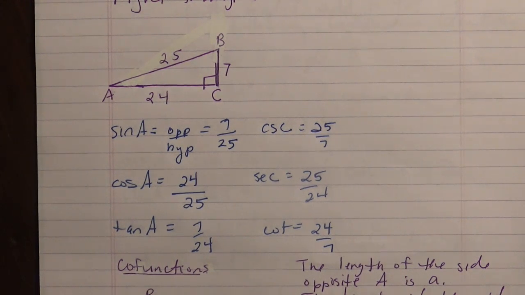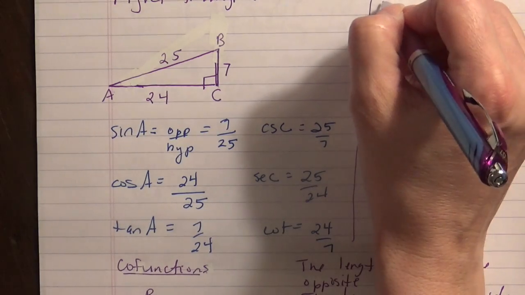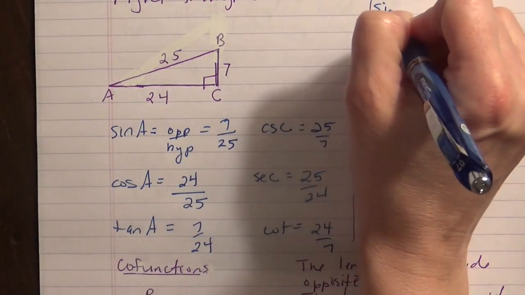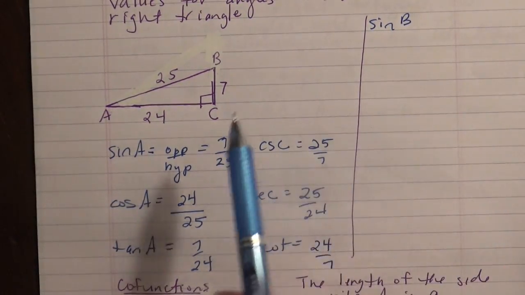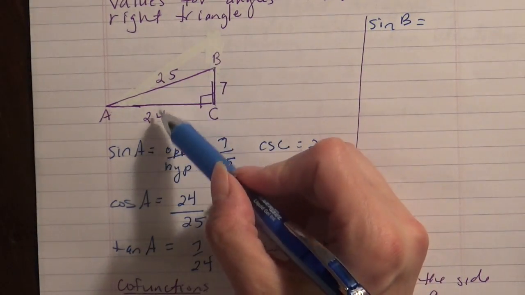Now we're going to do the same thing for angle B. I really wish I had another color, but I've only got blue and purple. We need to do sine B. Find angle B, that's here. We want opposite over hypotenuse.